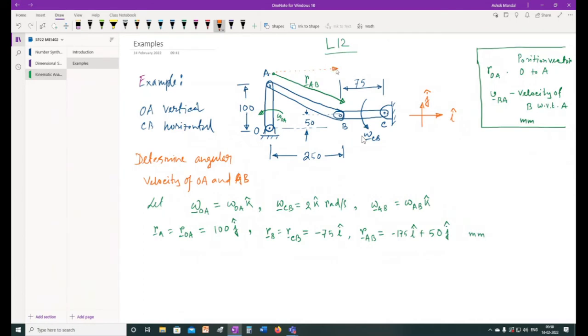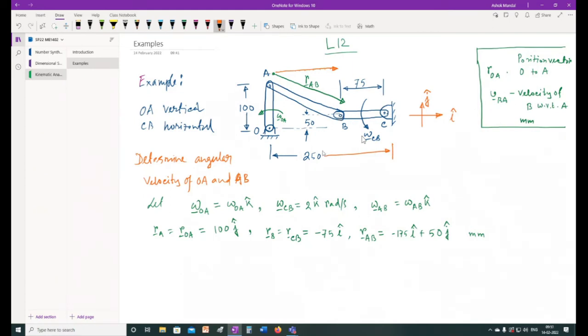250. 175. Sir, 250 is written below. Okay, I made a mistake while giving this dimension. This is 250. That's why the problem is. This whole length is 250 from this point to this point. This is 75.